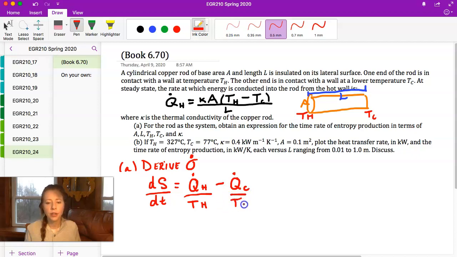And remember, then there's also going to be the entropy production. All right, so that's coming from this relation we've been using.